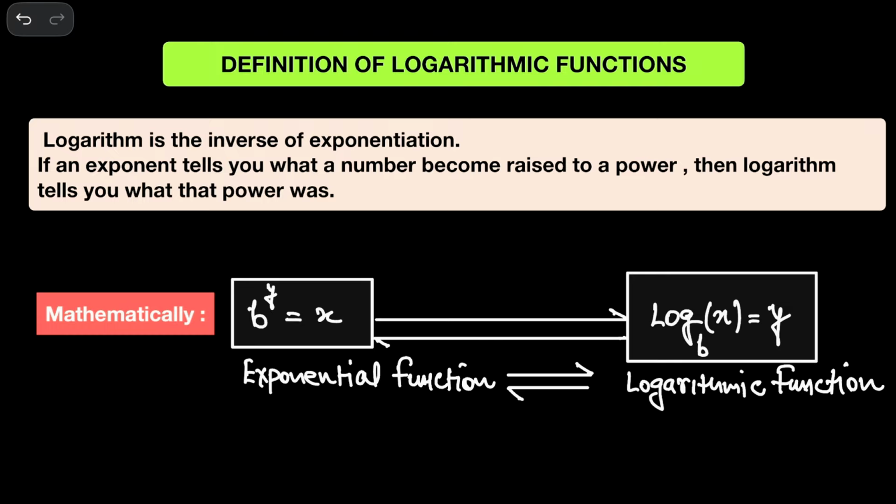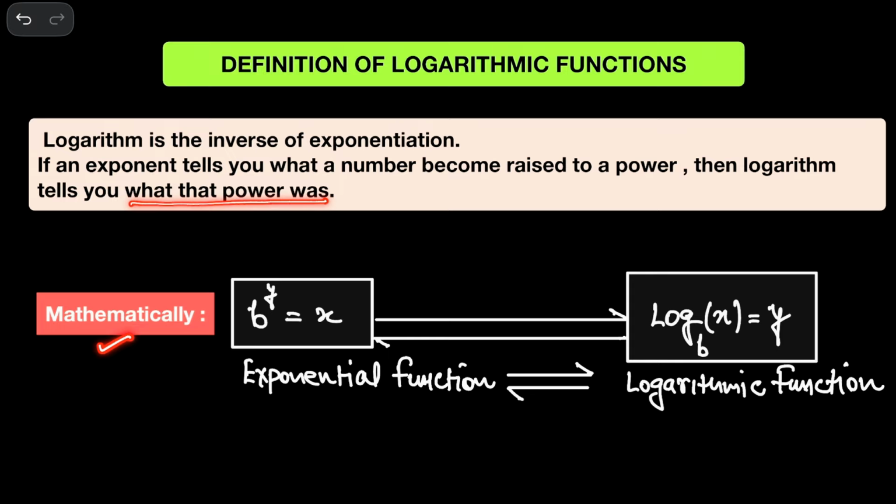First of all, we will try to understand the definition of logarithmic functions. Logarithm is the inverse of exponentiation. Yes, exponential functions, which we already know. Logarithm is actually the inverse of exponentiation. If an exponent tells you what the number becomes raised to a power, then logarithm tells you what that power was.